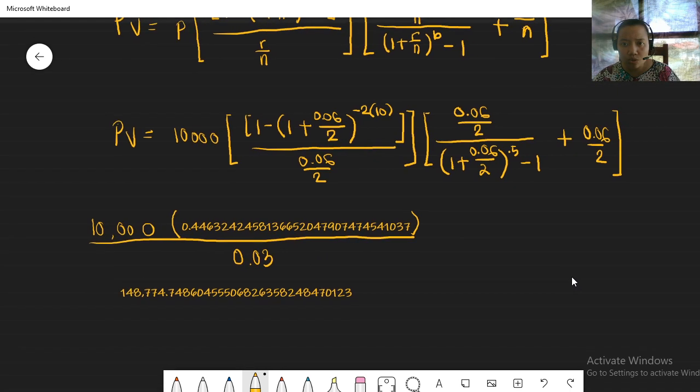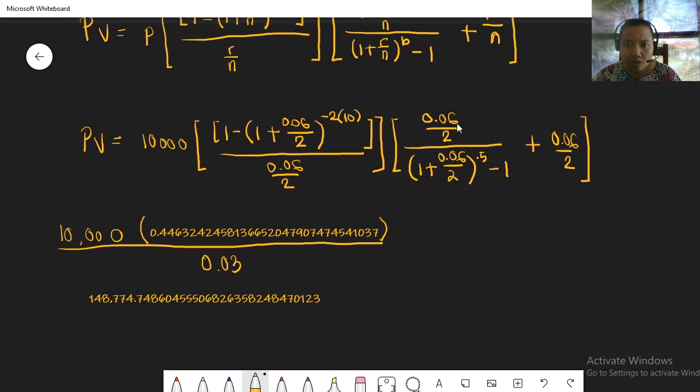Let's go forward to this part. 0.06 divided by 2 is still equivalent to 0.03. Let us solve our denominator. The same as here, we have 0.03.